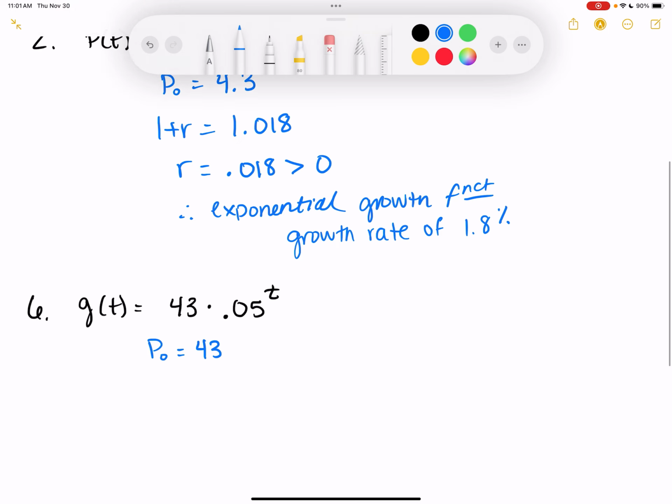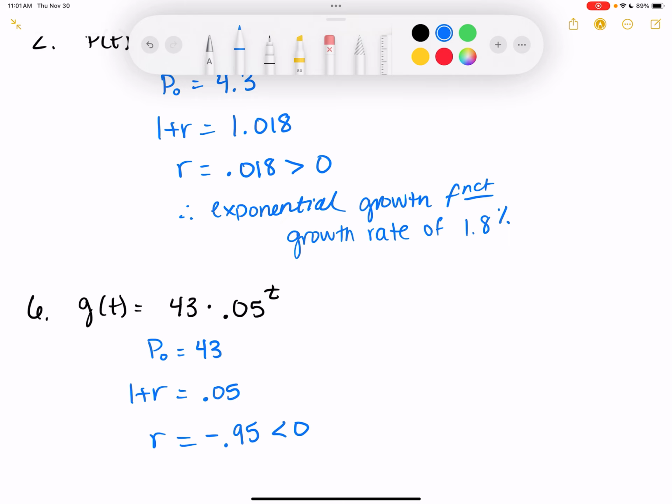Then our 1 plus R is equal to 0.05. So what does that mean R is going to be? Negative 0.95. And that would be less than 0.